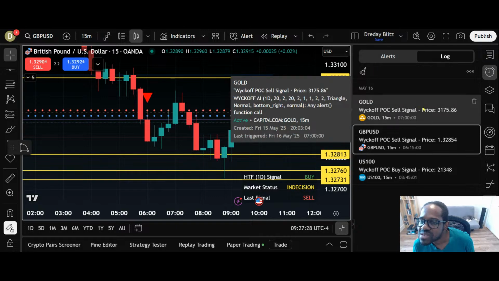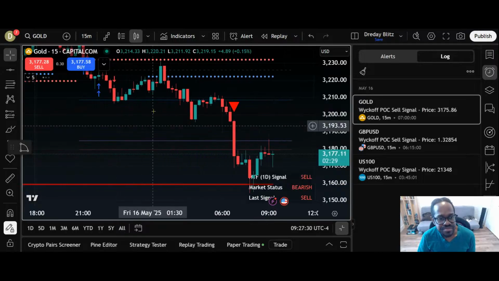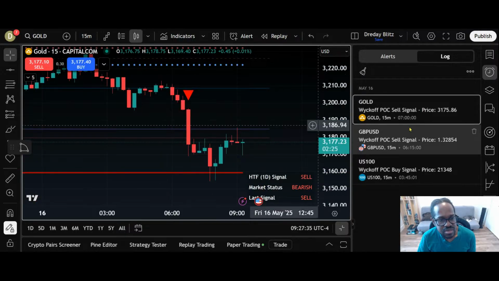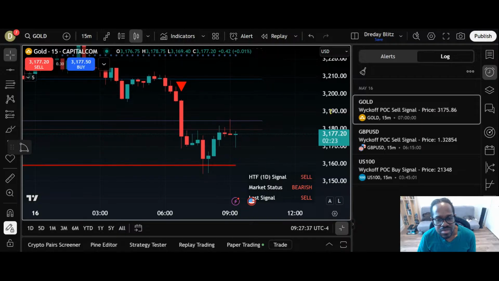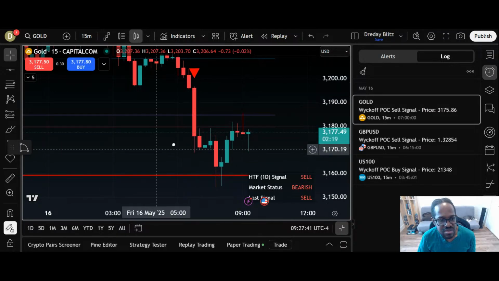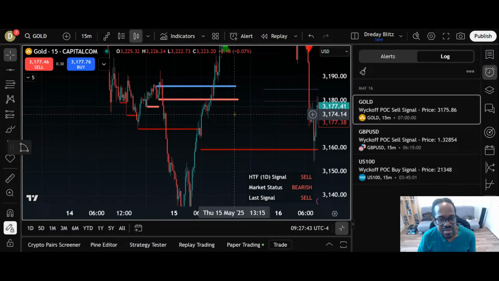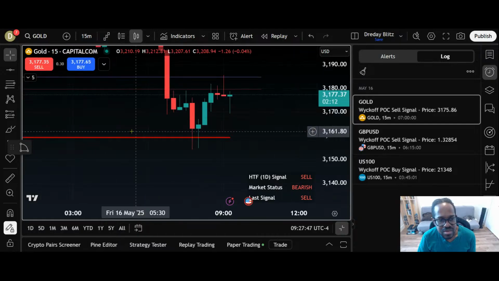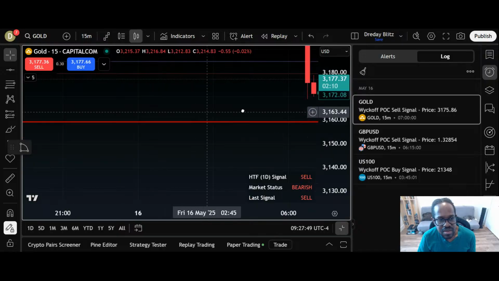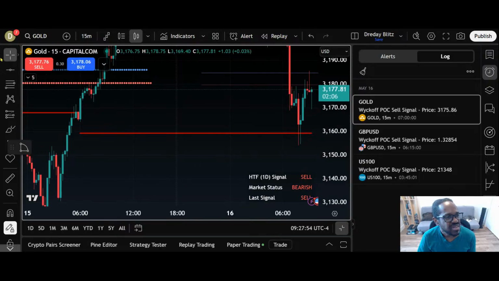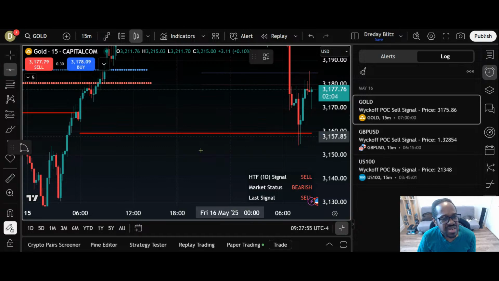And after that, you have gold. So gold dropped. It was dropping earlier, so entry was right here. And it went directly to this 30-minute level, that 15-minute level here. So I'm gonna put a line.